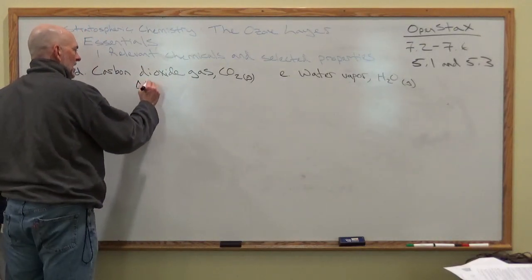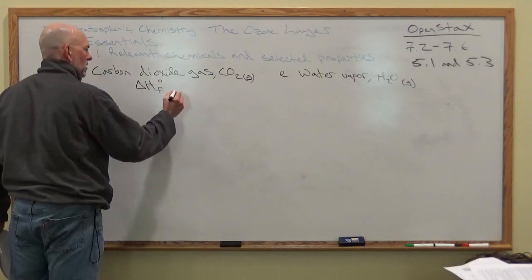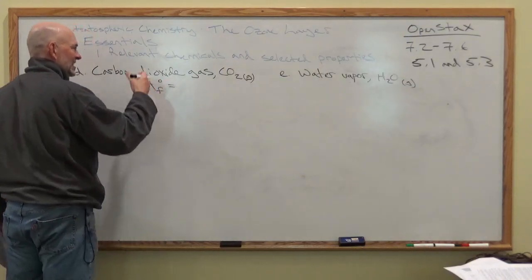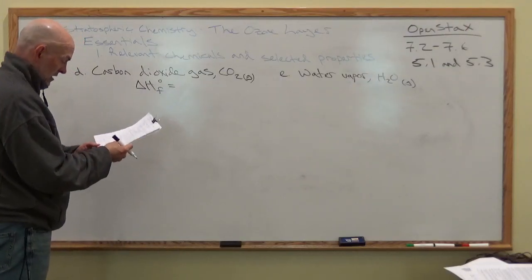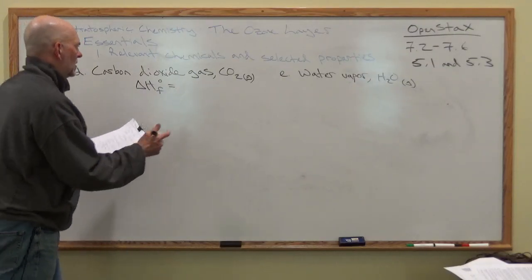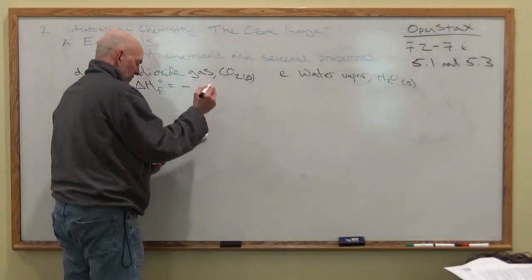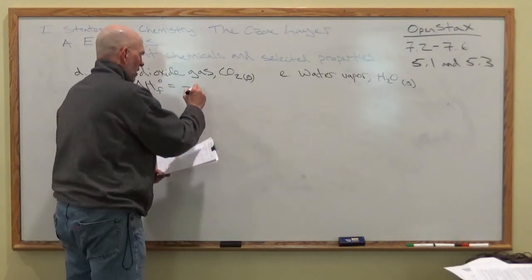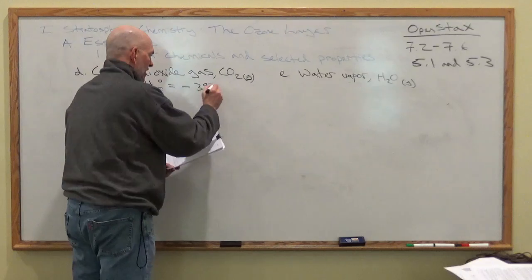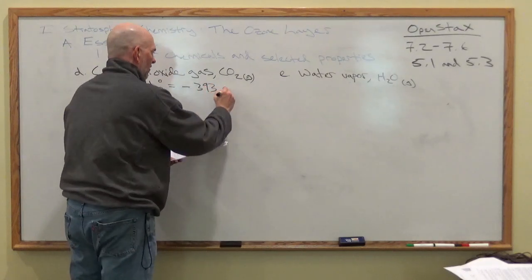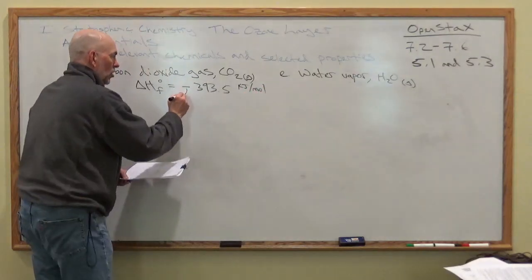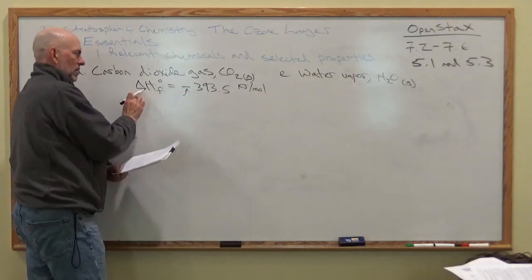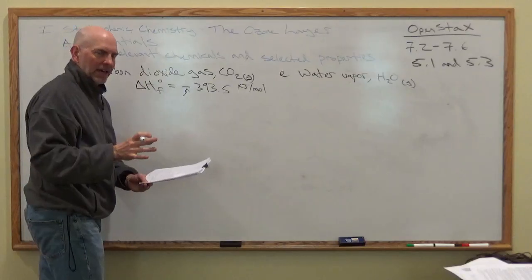The standard heat of formation of carbon dioxide in its standard state, which is a gas, I've got to find it, is negative, that's important, 393.5 kilojoules per mole. Might as well talk about this now. When you have a heat, the better term is enthalpy.